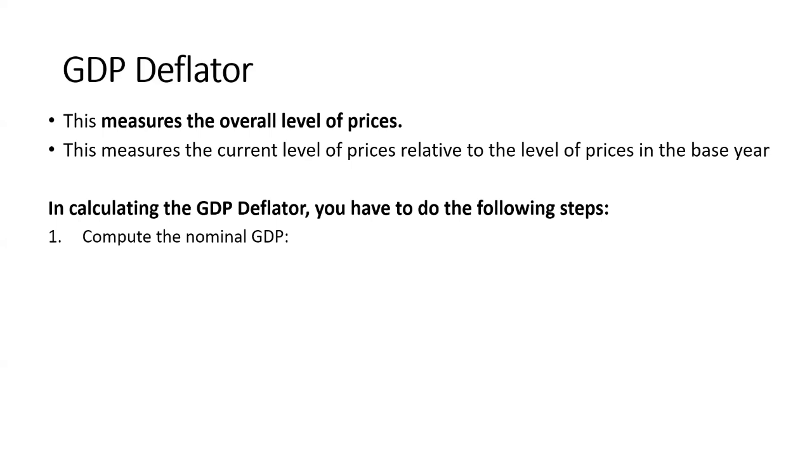So in computing the nominal GDP, you simply multiply the price of the current year and the quantity of the current year. Unlike with the CPI, where we multiply the price of the current year by the quantity based on the fixed basket, here in the GDP deflator, it accounts for the quantity of the current year.